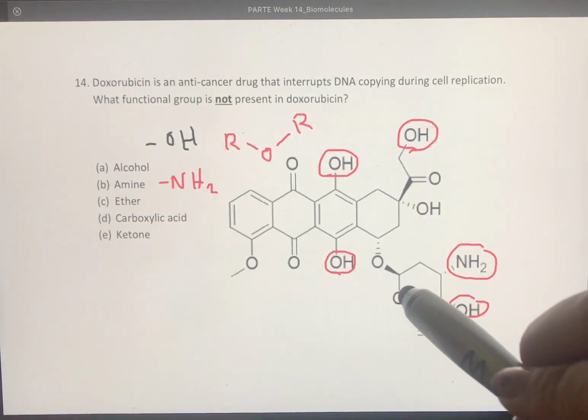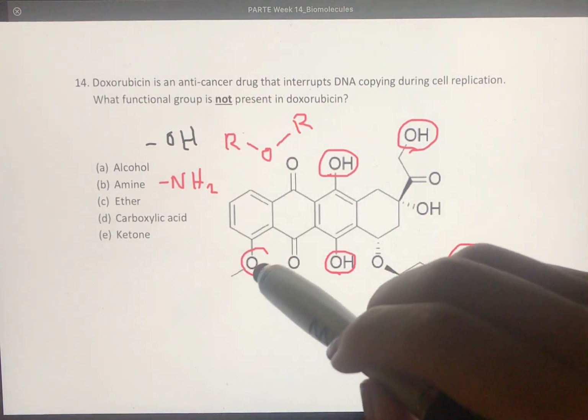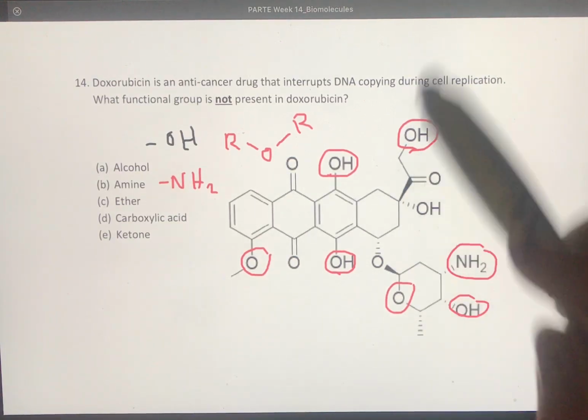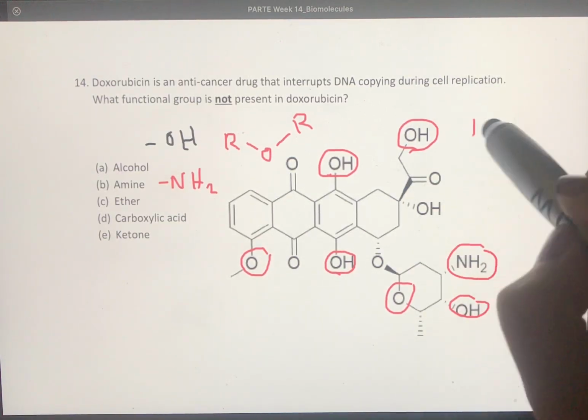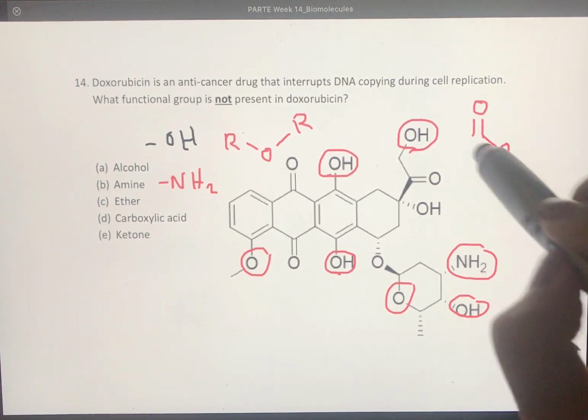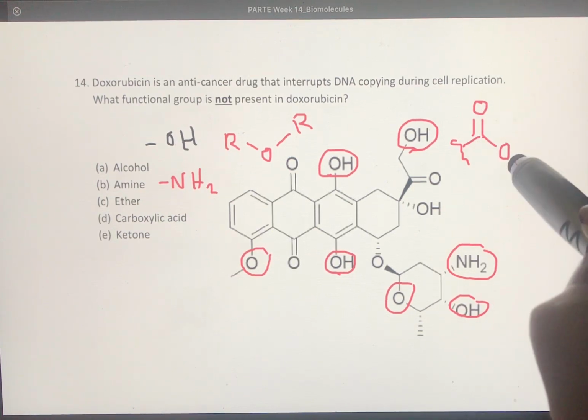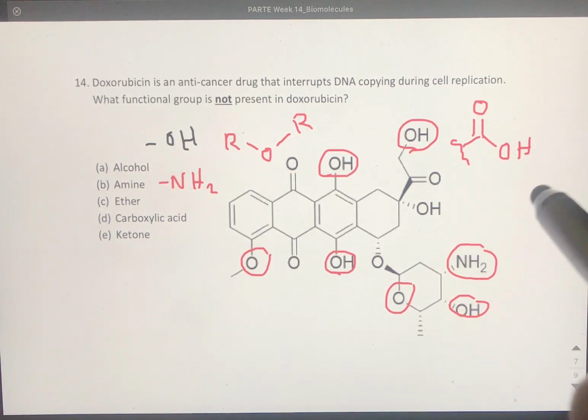And this one is going to be found here and also here. Carboxylic acid. It's a very common functional group, even though it seems pretty specific, but we have a double bonded O to a carbon with an OH.